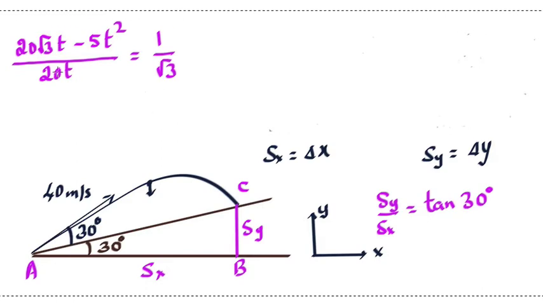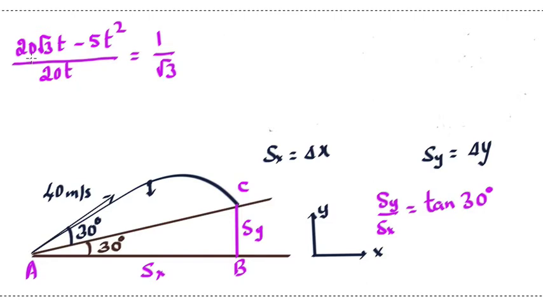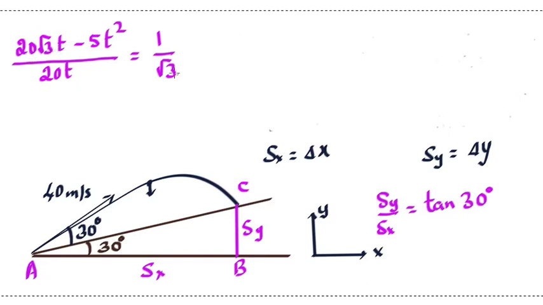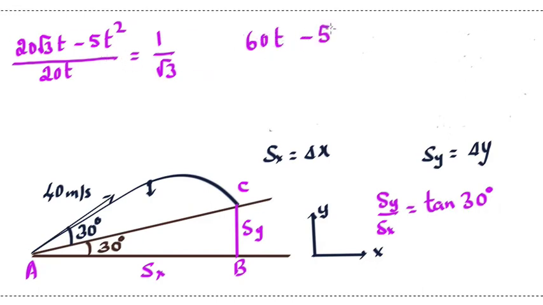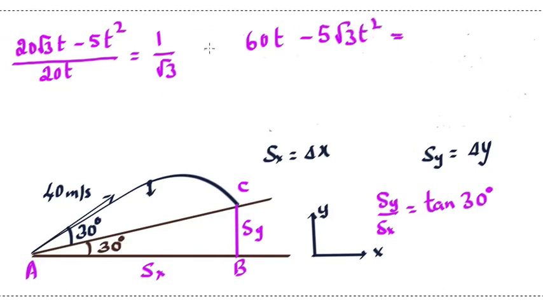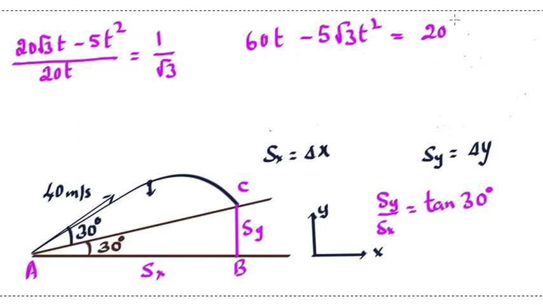If I now cross multiply, it's going to be root 3 times 20 root 3 t. Root 3 times root 3 is 3. 3 times 20 is 60t minus 5 root 3 t squared is equal to 20t.